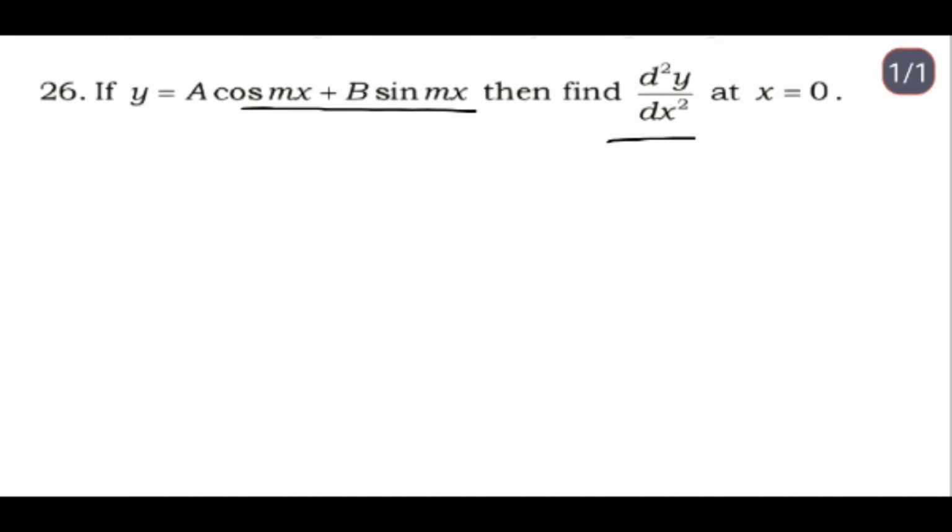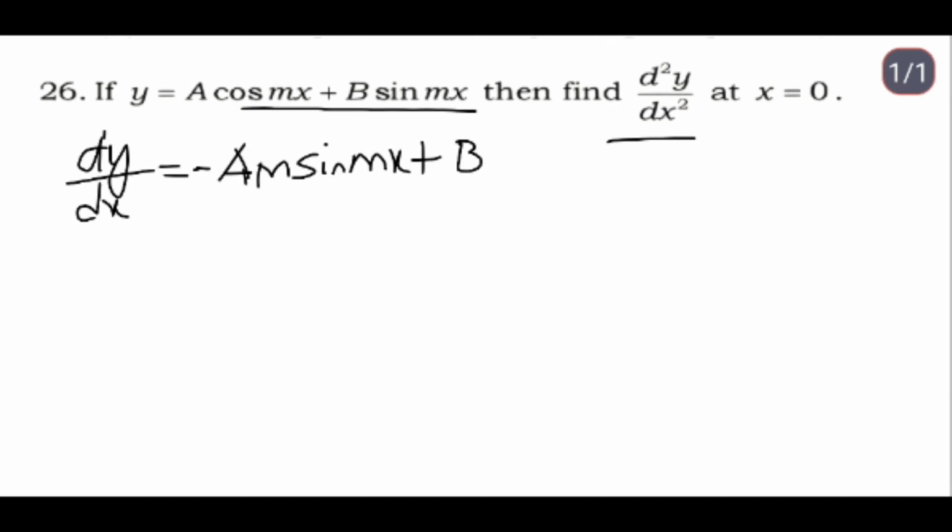I am going to differentiate this equation: dy/dx = a is a constant, differentiation of cos mx is, m as it is, cos differentiation is minus sin, so minus sin mx, plus b constant, differentiation of sin mx is m cos mx.